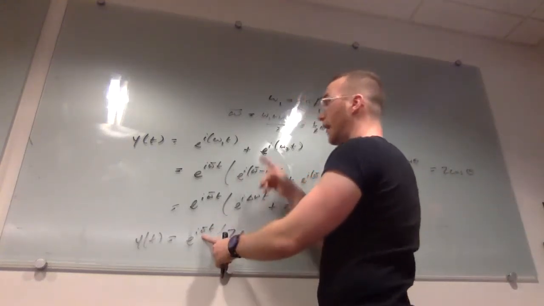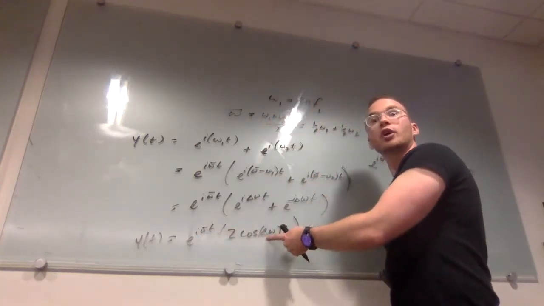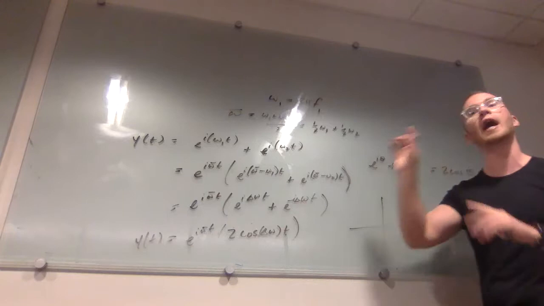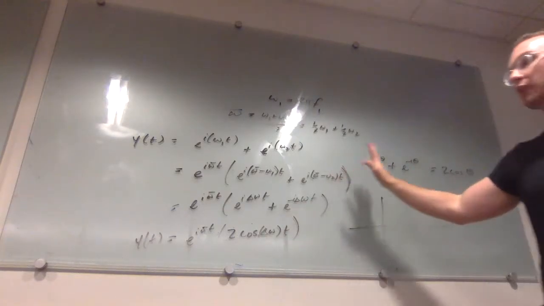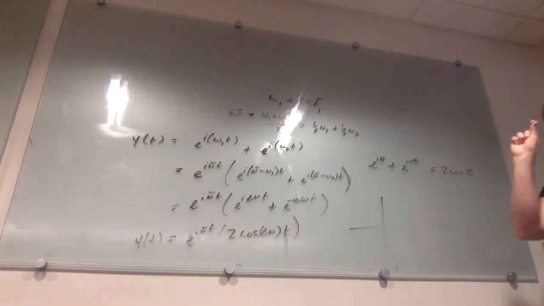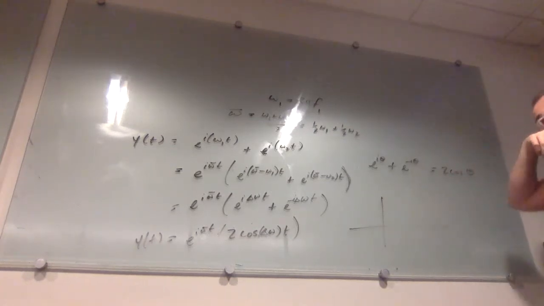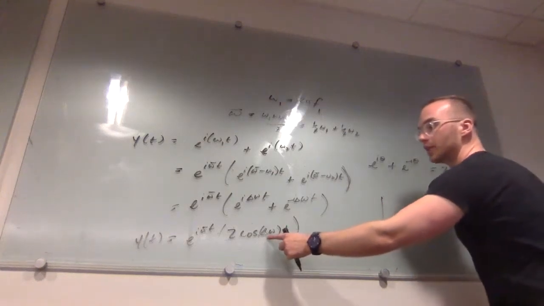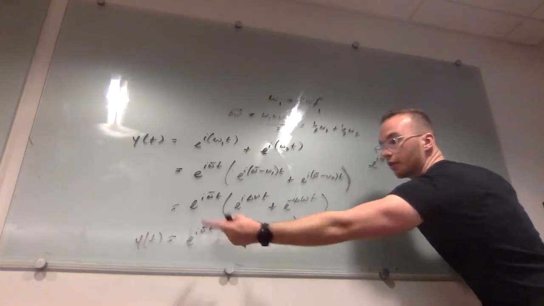It's the average of the two frequencies. But delta omega is actually very low frequency because generally this happens when they're very close together, right? You're generally in real life going to hear two frequencies that are close together. They're not going to be really, really low and really, really high. That would be kind of weird. So if they're very close together, that means this is oscillating very slowly, and this is oscillating very quickly.